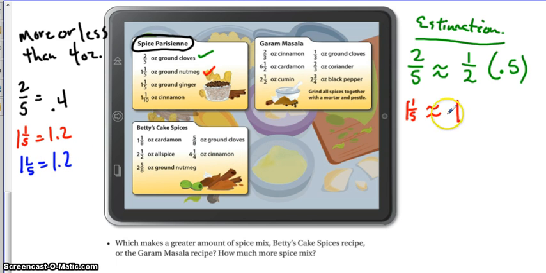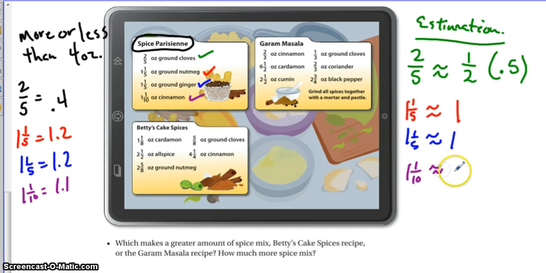So using my rounding strategies, 1 1/5 of ginger is about 1. And then I've got the ounces of cinnamon, and I have 1 1/10. So this is going to be equal to 1.1. So 1 1/10 is very close to 1. It's even closer than 1/5. So that would be about 1. So this is rounding everything to our fraction benchmarks of either a half or a whole.